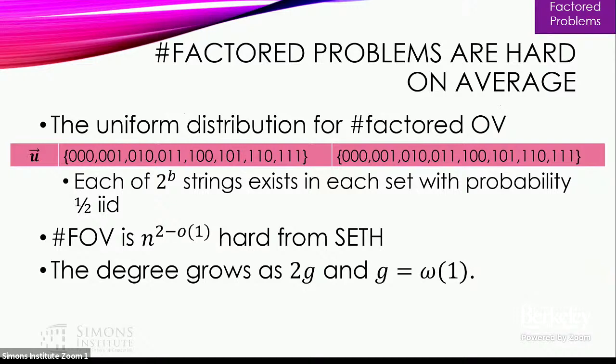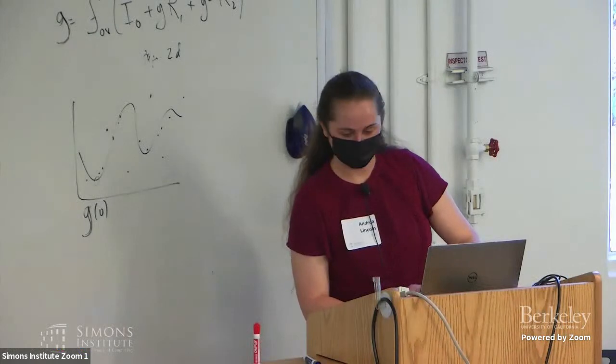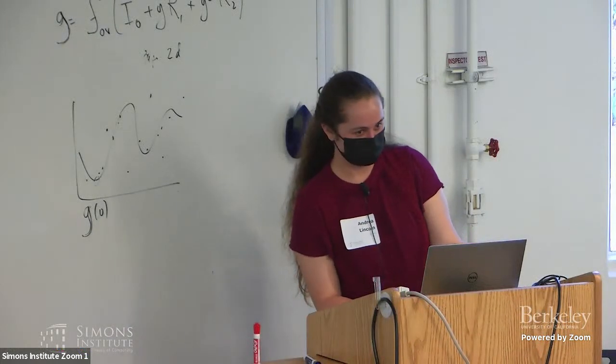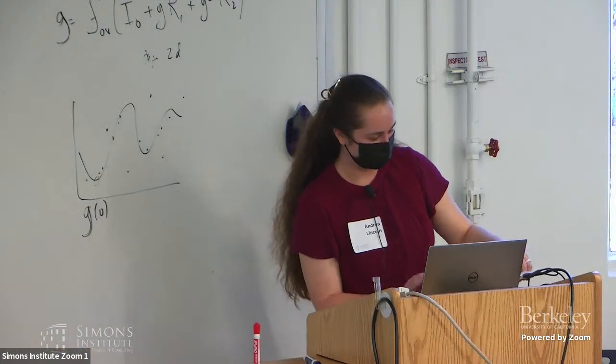We're able to show reductions showing that those various graph and string problems are hard from this factored orthogonal vectors problem using basically the same techniques we use to show hardness for regular orthogonal vectors. And I think that's enough of a very brief discussion of factored problems. So I will end this and let the next person come up, and hopefully they won't speak twice as fast as they did in their practice.